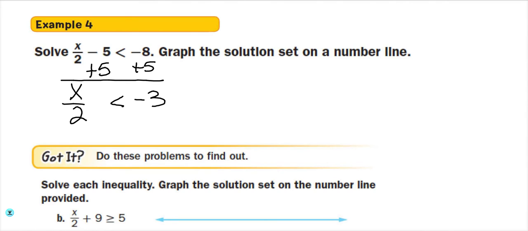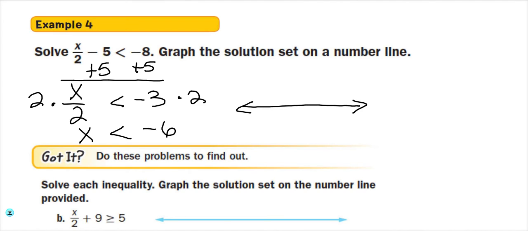Now I'm going to get rid of that, so I'm going to multiply by 2. Get x, and since I multiplied by a positive, I'm going to keep the sign, and that becomes negative 6. Let's graph that out. So let me open going towards the left.